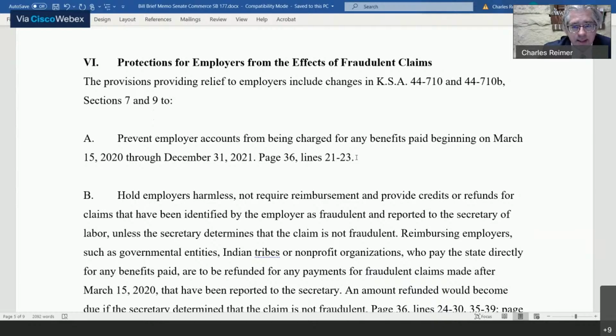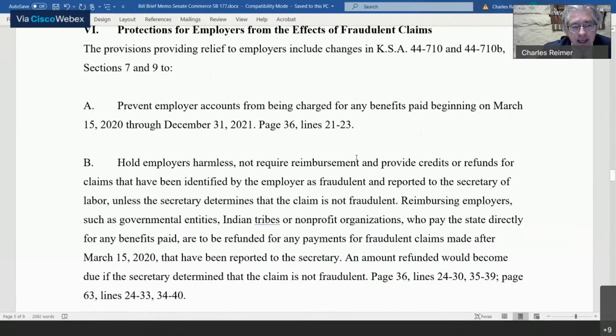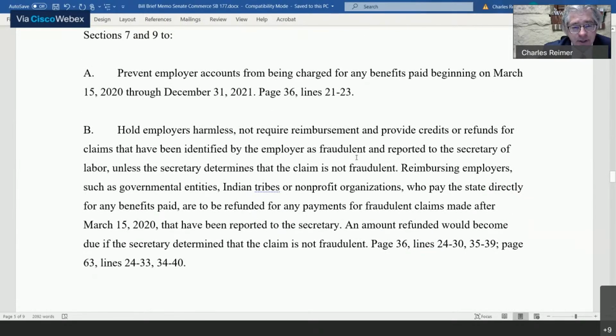One of the ways it does that is to attempt to provide relief to employers. So there are a number of provisions in the bill at sections 7 and 9 to do that.